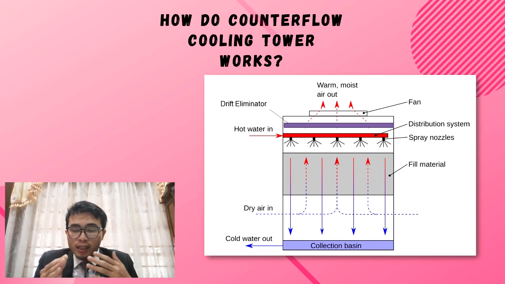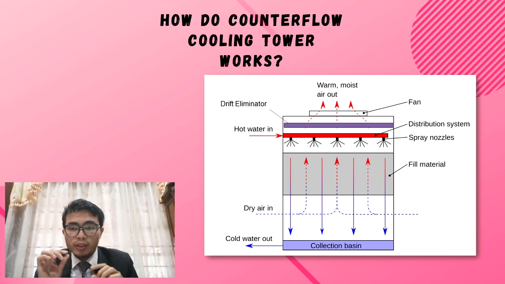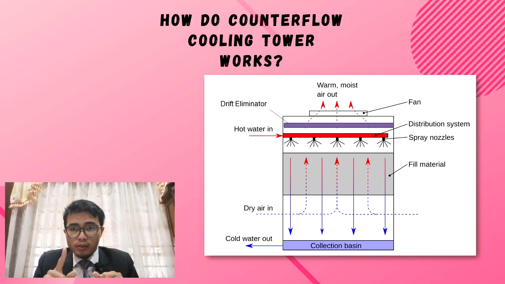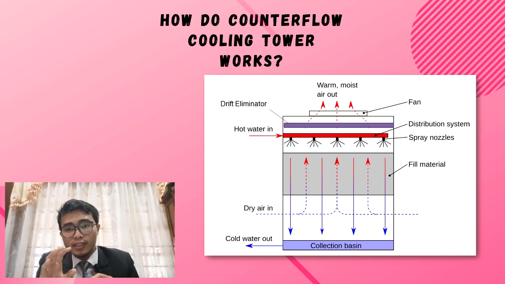When we look at the moving fan on the top of the cooling tower, the high speed moving fan is responsible for the creation of Bernoulli's principle. When the fan is moving so fast, it creates a low pressure inside the cooling tower. This is what we call Bernoulli's principle.